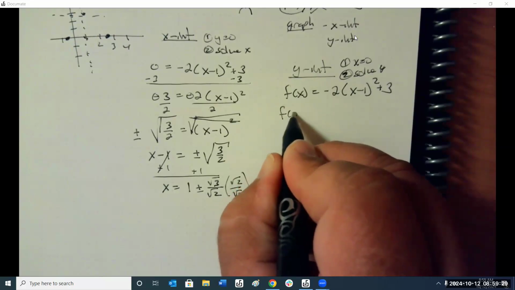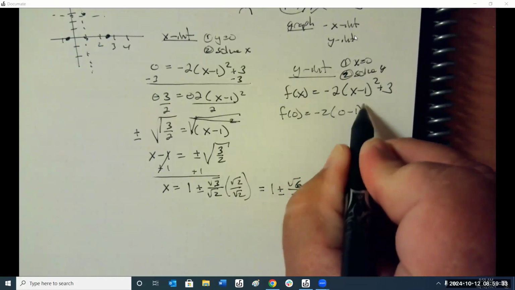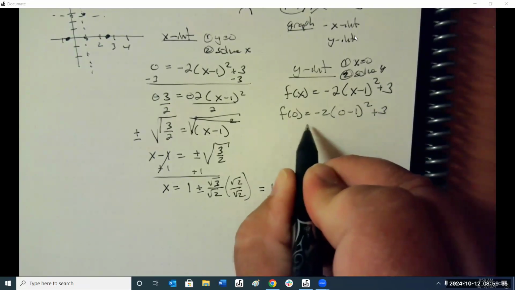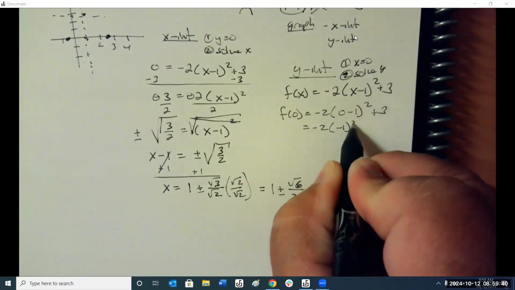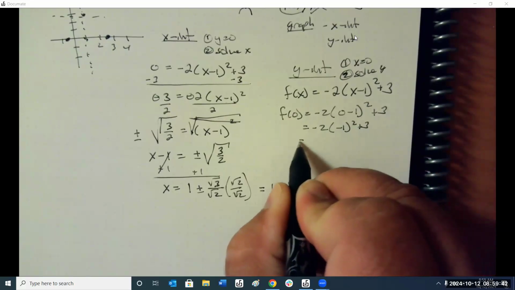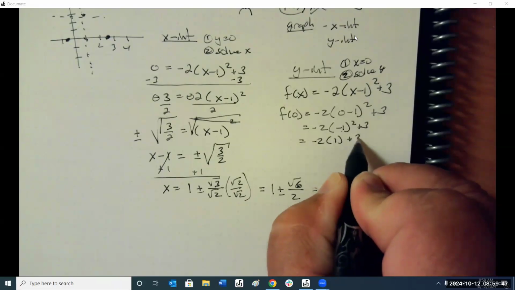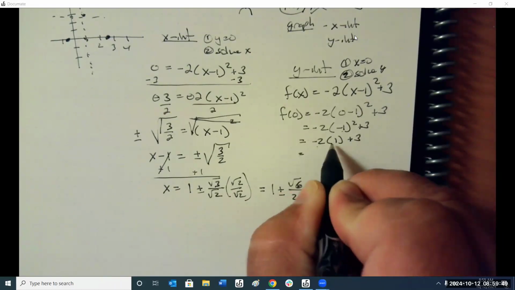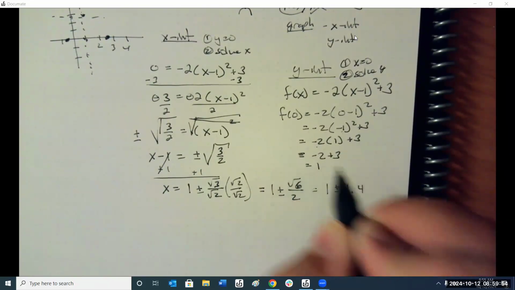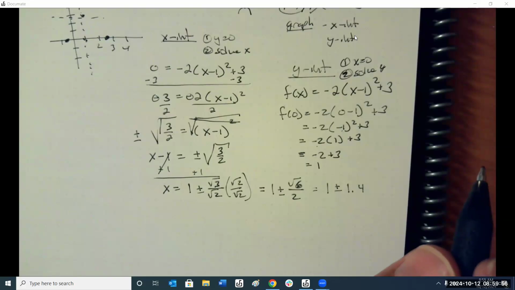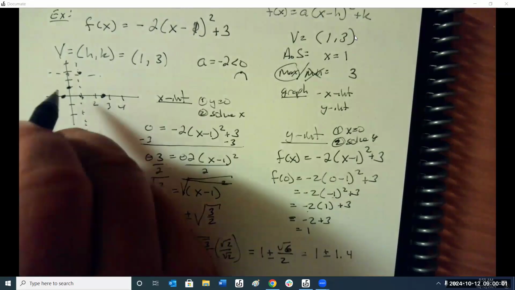So f of 0 equals negative 2 times 0 minus 1 squared plus 3. 0 minus 1 is minus 1, squared. Negative 1 squared is 1. Negative 2 times 1 is negative 2. Plus 3 is positive 1. So the y-intercept is at positive 1.